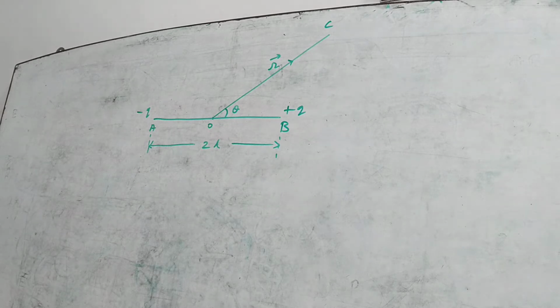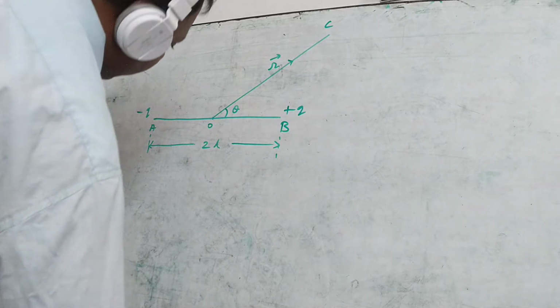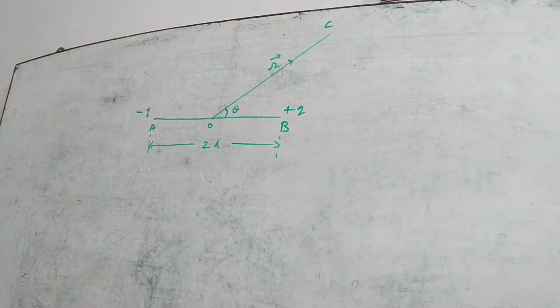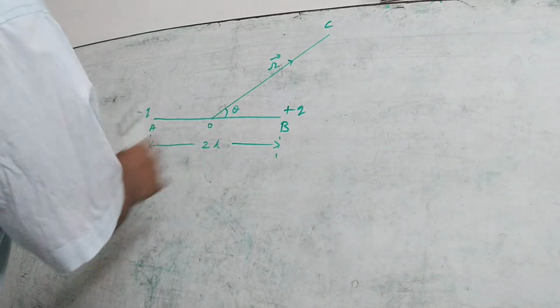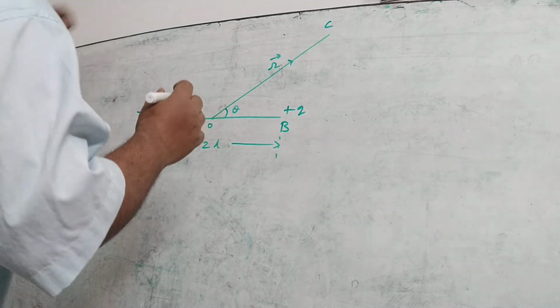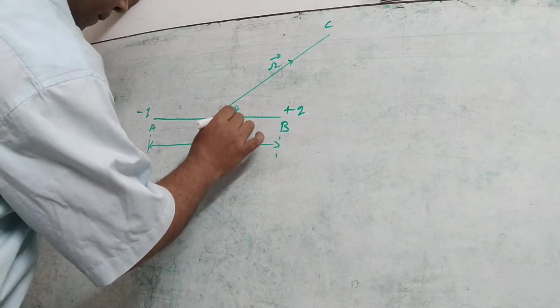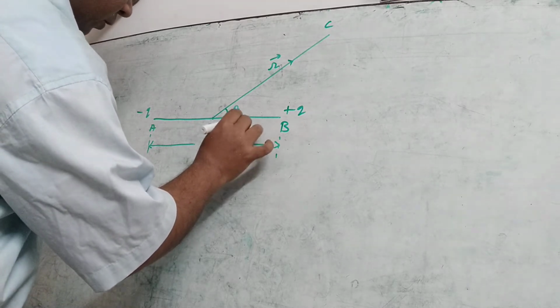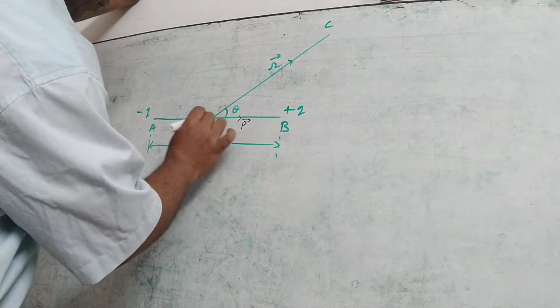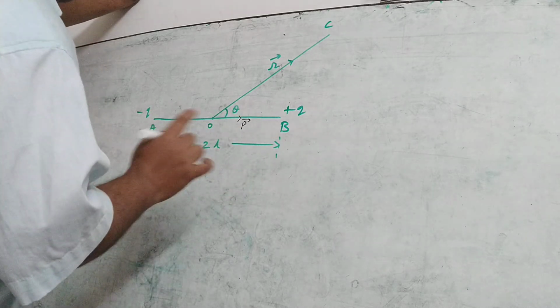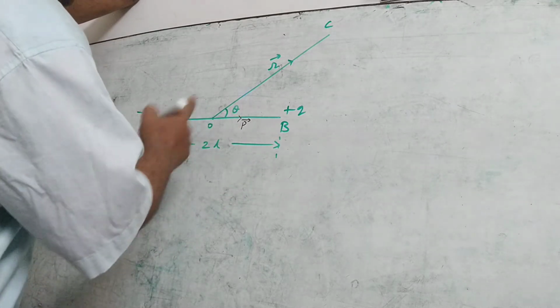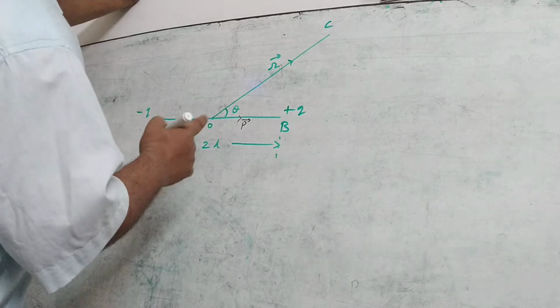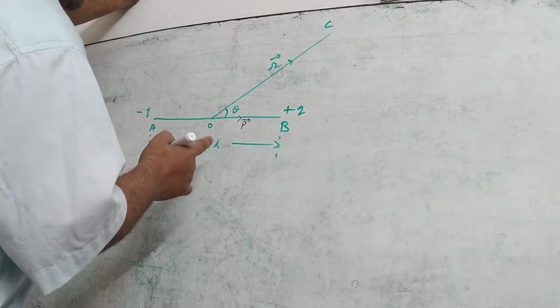We know that the direction of the electric dipole is from the negative charge to the positive charge, that is, P acts from A to B. Now we can resolve the P vector into two mutually perpendicular components.